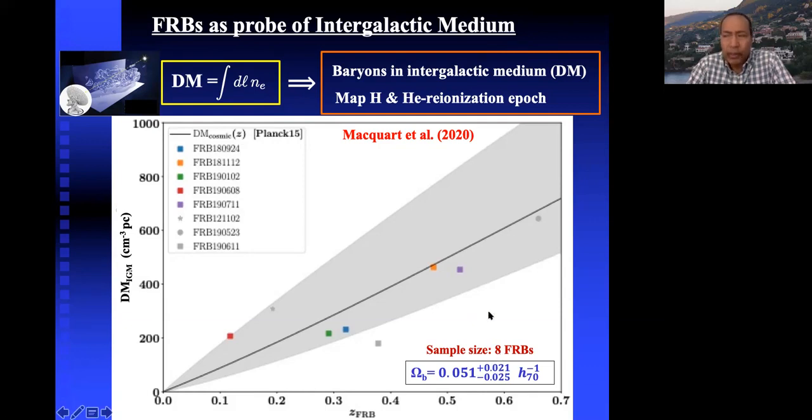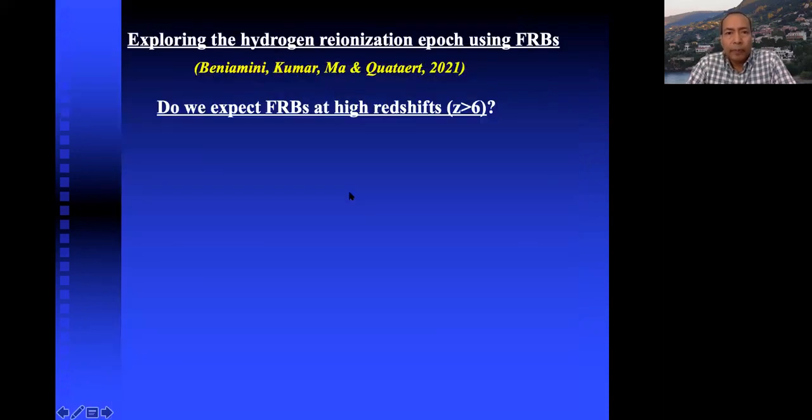It's, after all, just a sample of 8 FRBs. This will get much better. We have some more localizations, but many more FRBs. So this is one result.